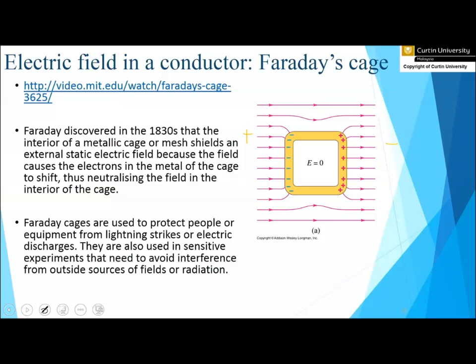Any electric field coming out from the positive side will be neutralized by the negative charge in your conductor, and any electric field contributed by the negative charge will also be balanced off by the positive charge in your conductor. So what is left in between here is nothing. It's a zero electric field.